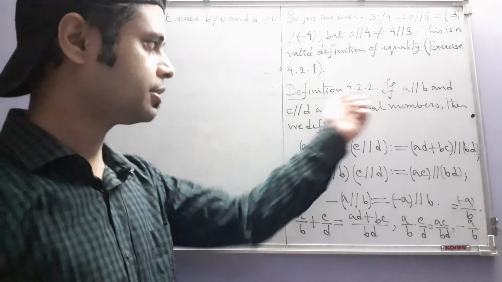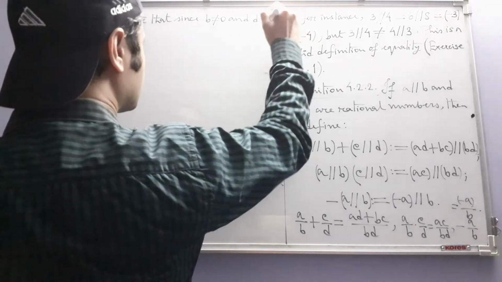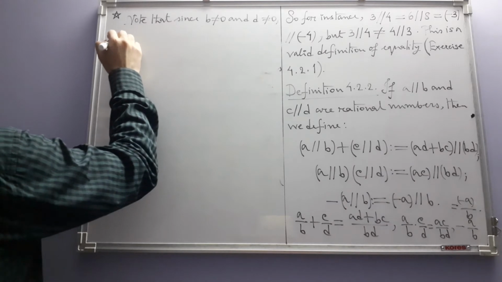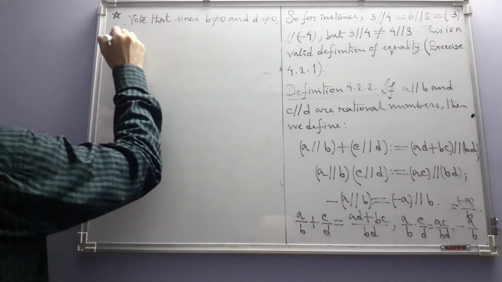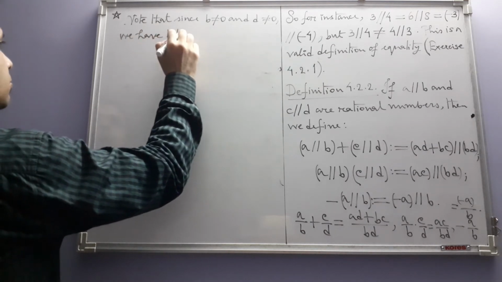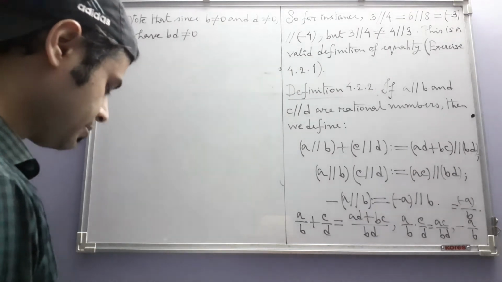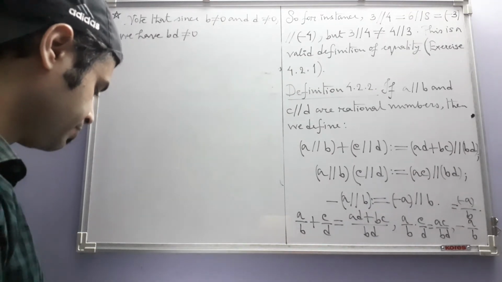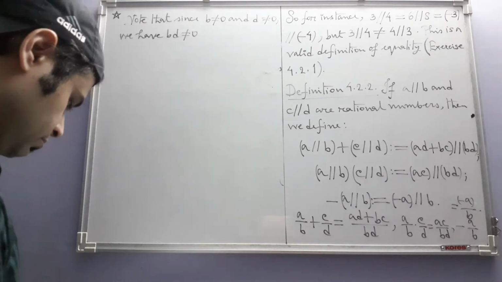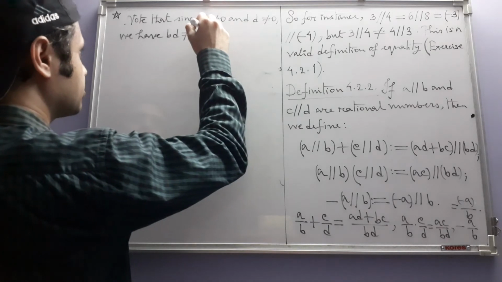So by definition, B and D are non-zero integers. We have the integer BD also non-zero, and this actually follows from proposition 418.